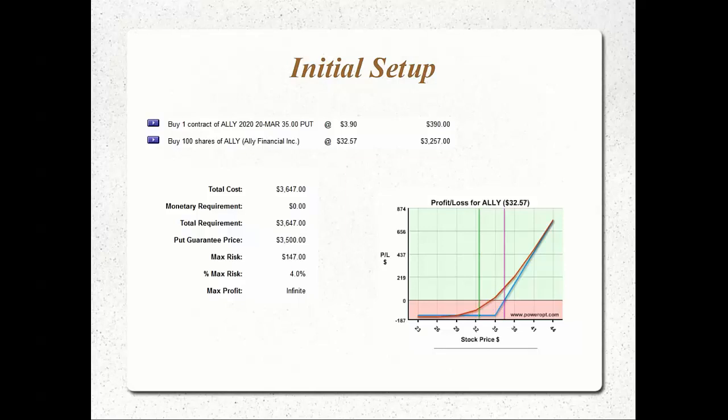This does make my total investment about $36.50. This $36.47, prices were changing. I'm going to call it $36.50. And so the maximum risk with a guaranteed exit at 35 is only $150, or 4.1%, and we have infinite upside profit potential.